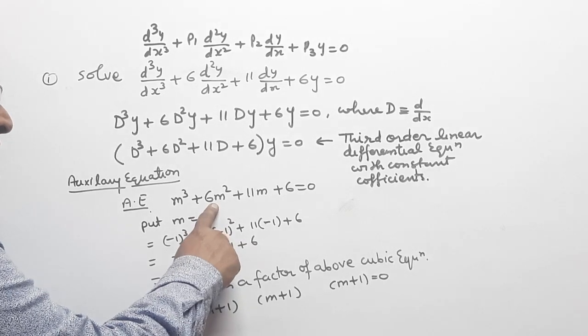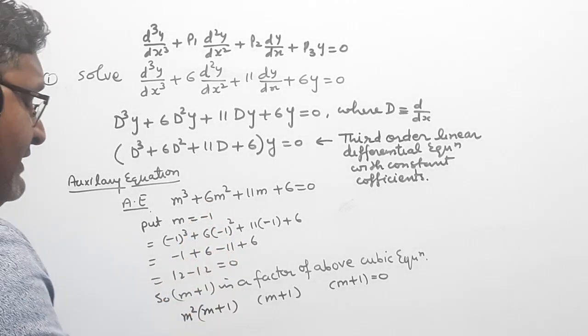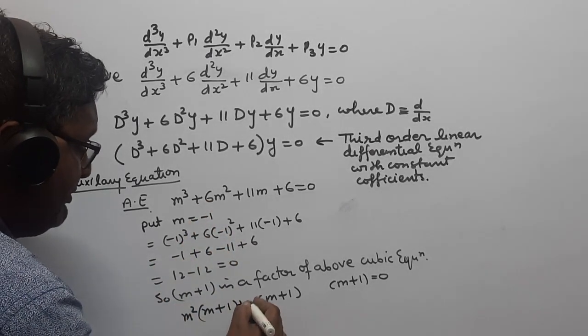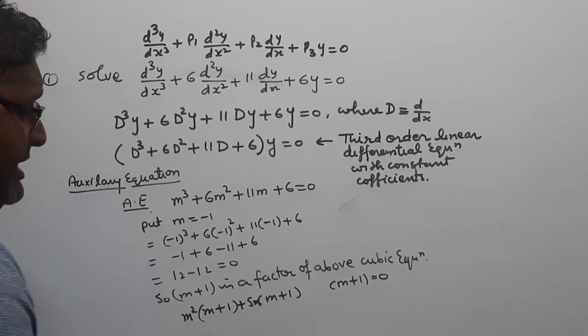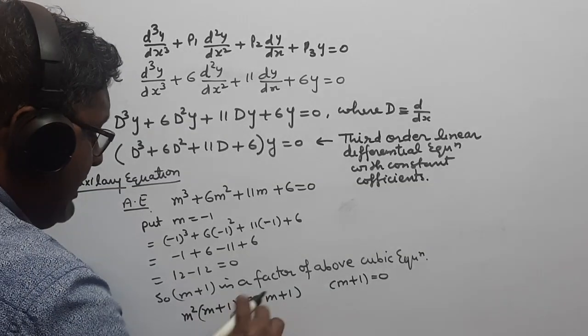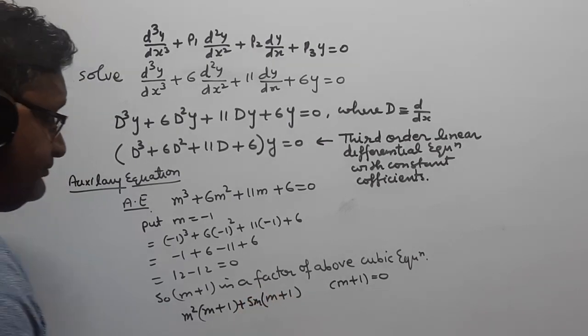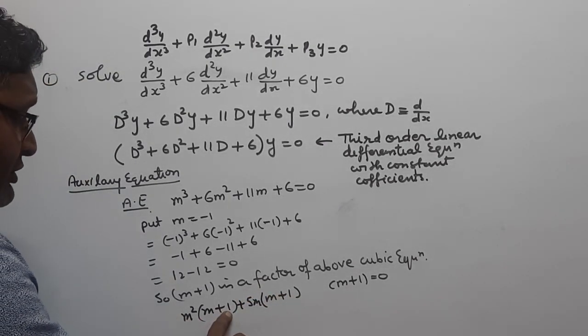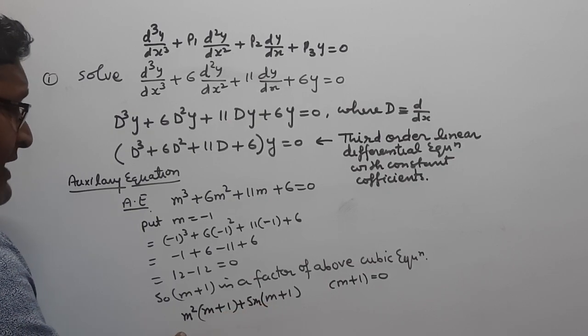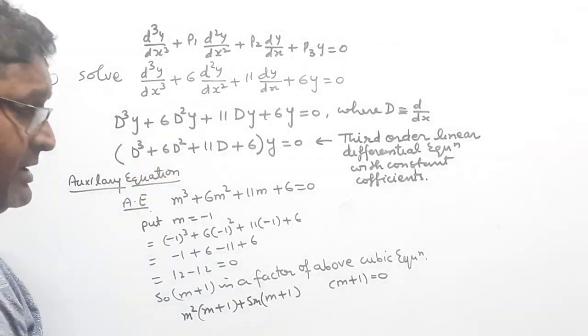And here we have to find 6m square, so 5m square is less. So we put here 5m. If we multiply this 5m by m, we get 5m square. And m square multiplied by plus 1, we get m square. So m square plus 5m square, we get 6m square.